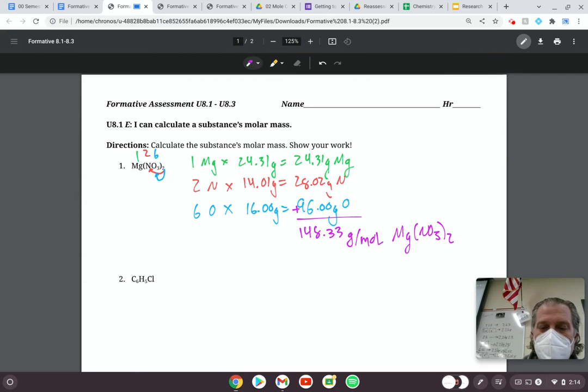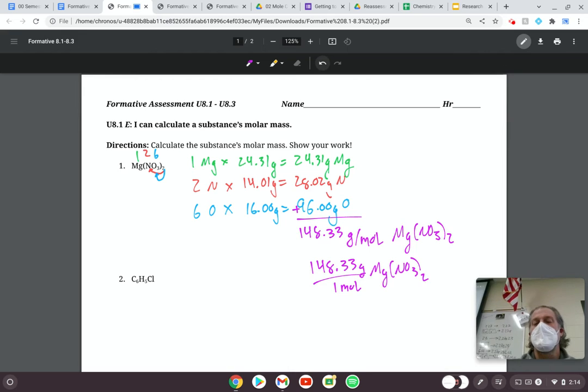And there's one other way that we could probably write this as an answer and get full credit for it: 148.33 grams over 1 mole Mg(NO3)2. So in this instance, to get full credit, we have to have the right unit, grams per mole, and we have to have the label Mg(NO3)2, in addition to the math part being right.